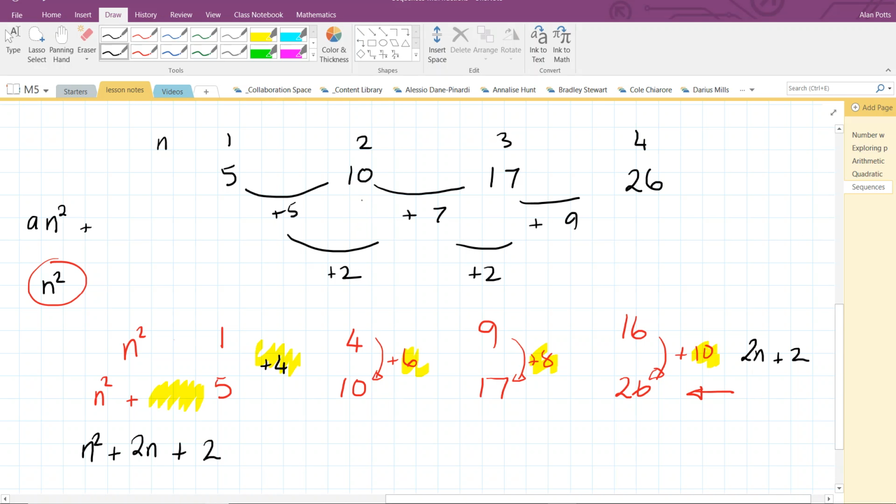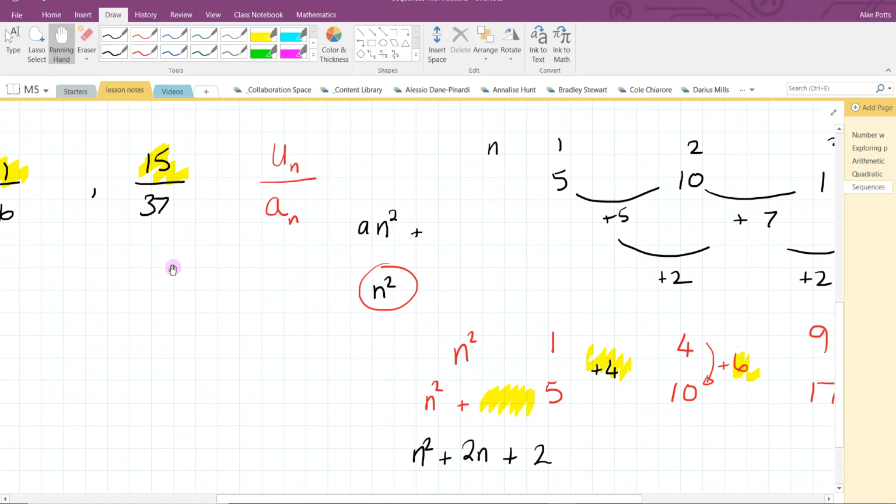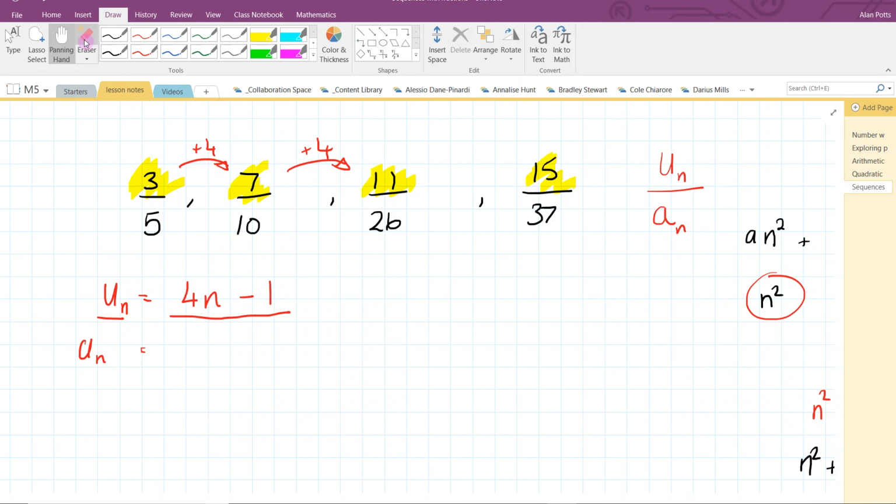But don't forget where we are. I know I wrote the wrong thing, so I'm going to go back over here and change these numbers, obviously, because they were wrong. So that will be 17. That will be 26. So my rule for this sequence would be n squared plus 2n plus 2.